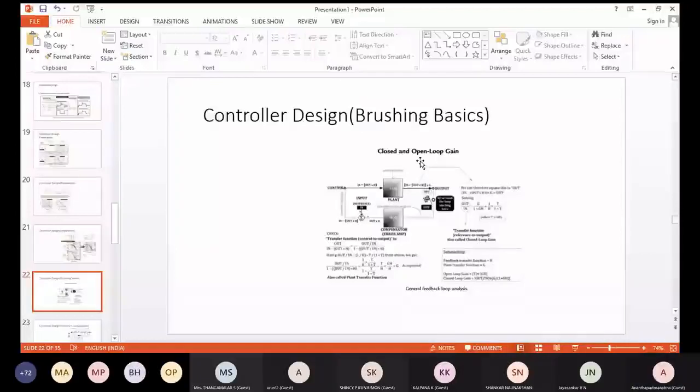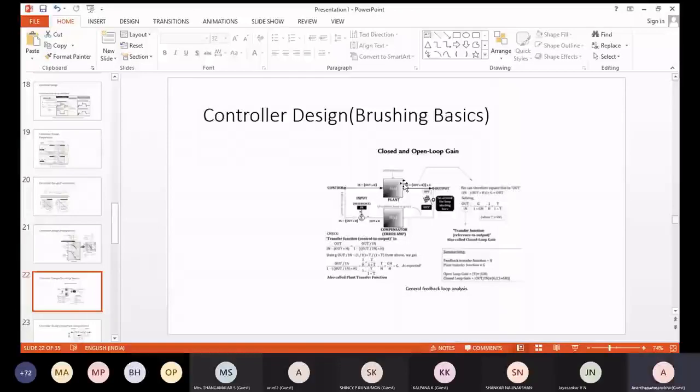We are interested in the closed loop gain, but we have to worry about the loop gain. Let us use the word loop gain. So finally, what is the essence of this particular slide? The loop gain should be as high as possible to make the steady state error as small as possible. What do we mean by loop gain? It is just the multiplication of the gains of all the blocks present in the loop.